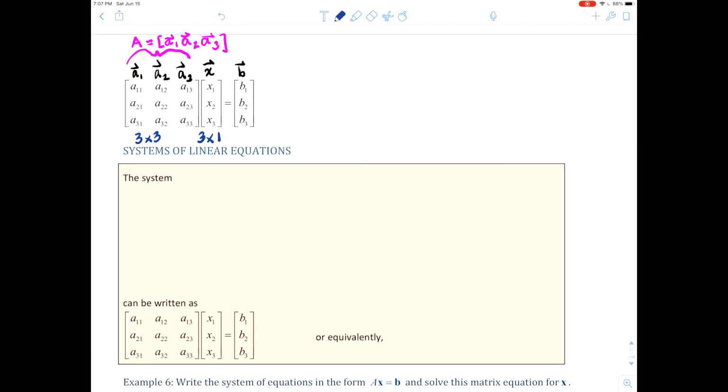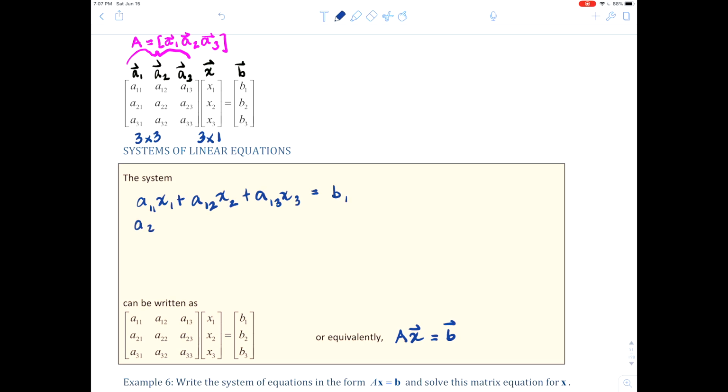So it turns out by performing the matrix multiplication, A times X, right, and equating it to the matrix B, this system results. So you'd end up with A11X1 plus A12X2 plus A13X3 is equal to B1.